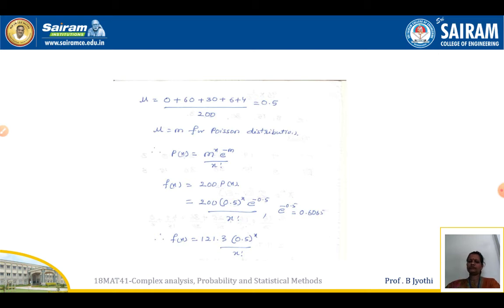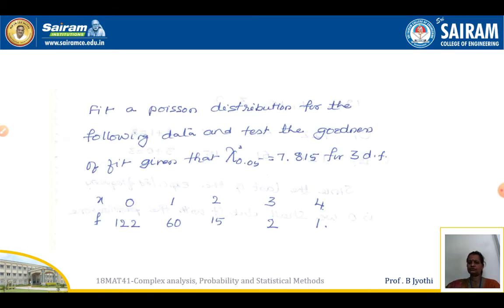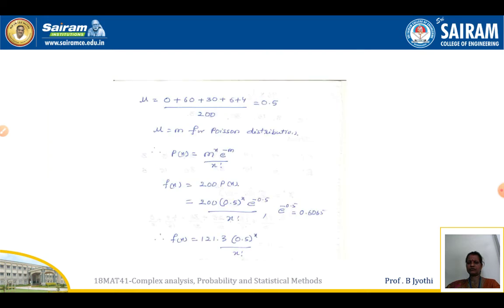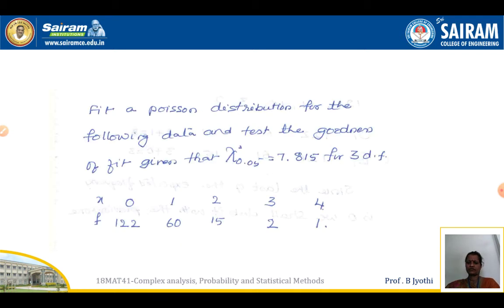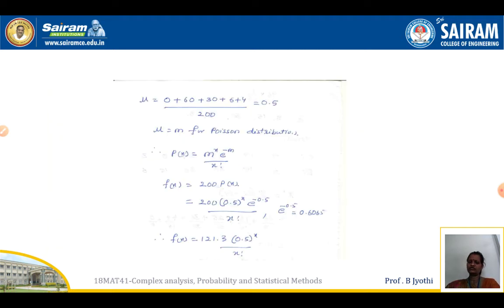So we need the value of mu, because 0 into 122, 1 into 60, like this we will be doing: 0, 60, 30, 6, 4, all divided by 200.